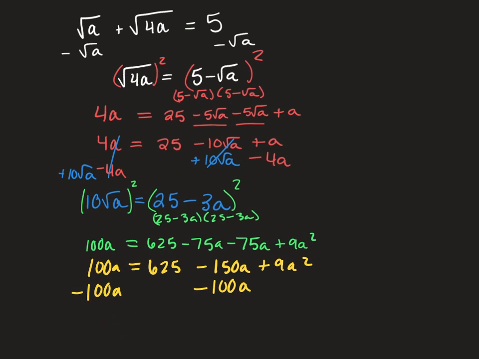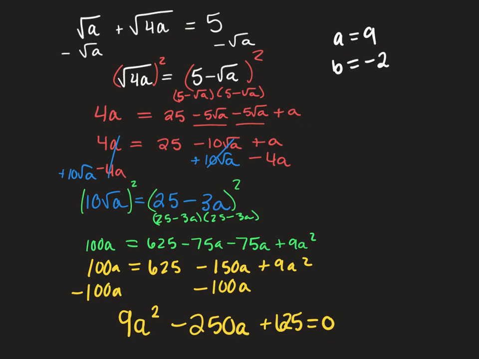So I have 9a squared, right, minus 250a plus 625 equals 0. So then for the quadratic formula, we have a is 9, b is negative 250, and c is 625.